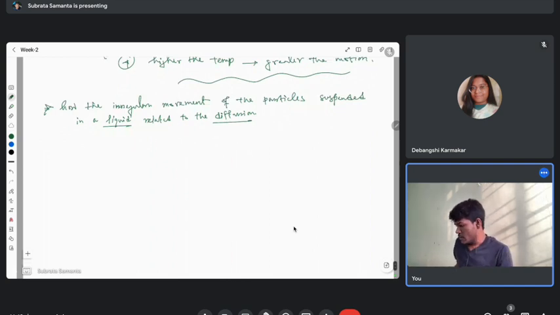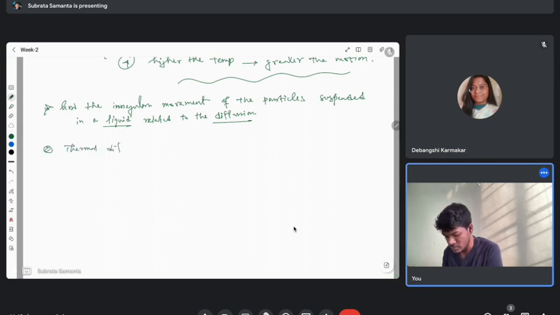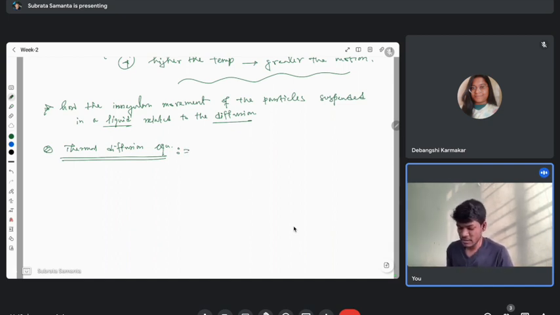So let's start with the thermal diffusion equations. What is it? In the previous chapter we calculated the heat flux and related it to the temperature gradient, and the coefficient is called the thermal conductivity, right?